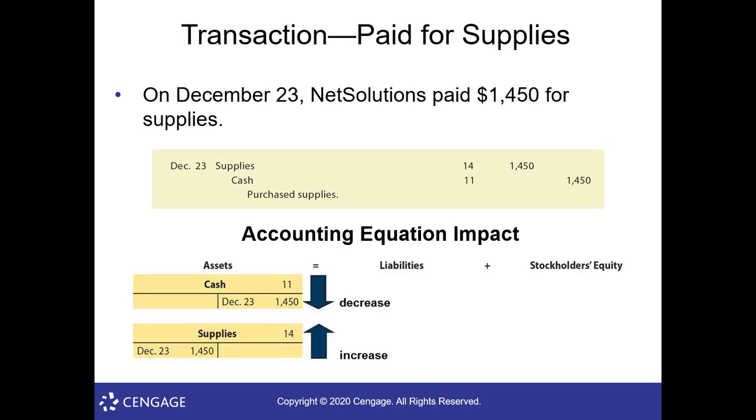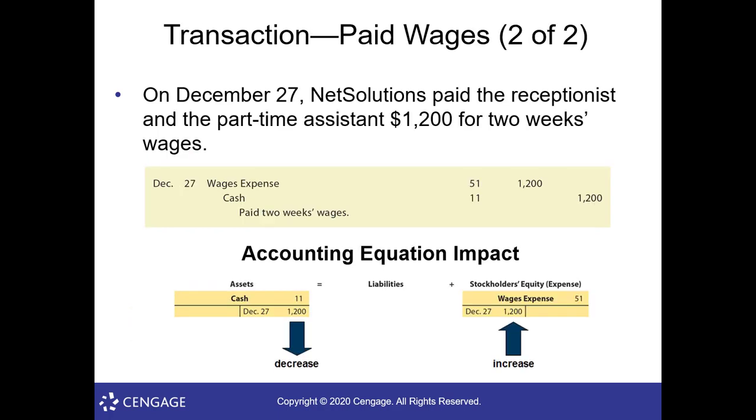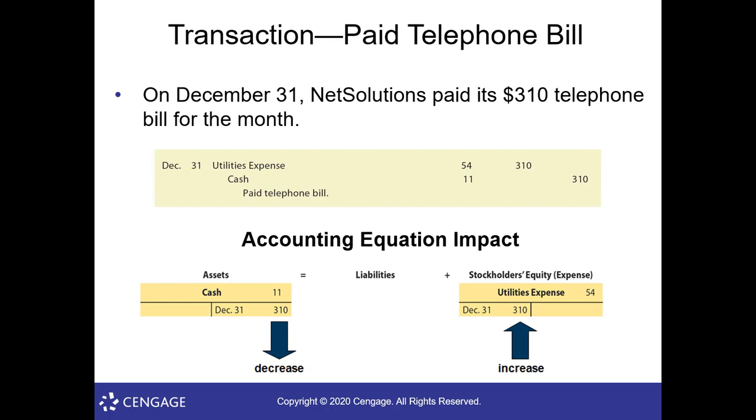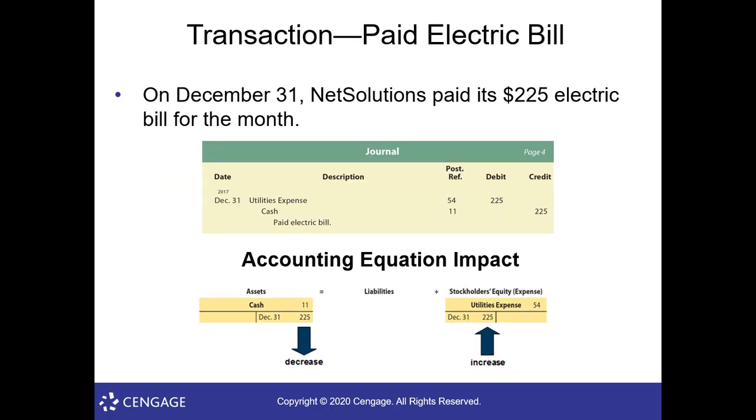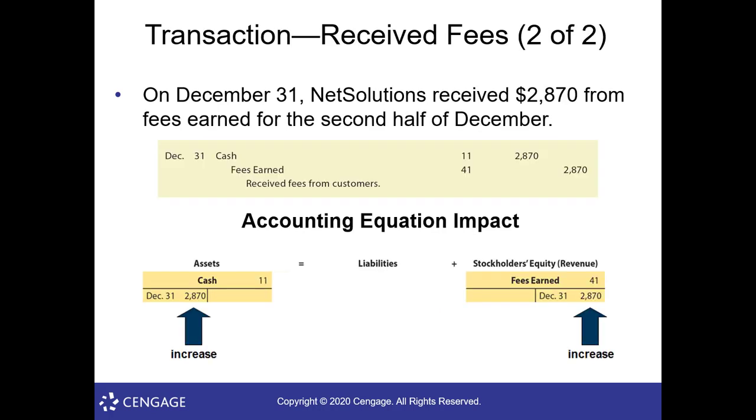We bought some more supplies. This time, rather than buying them on account, we paid cash for them. Another 2 weeks of wages. Paid utilities, the phone bill, the electric bill, and then we invoiced and received in cash some additional revenue from customers.